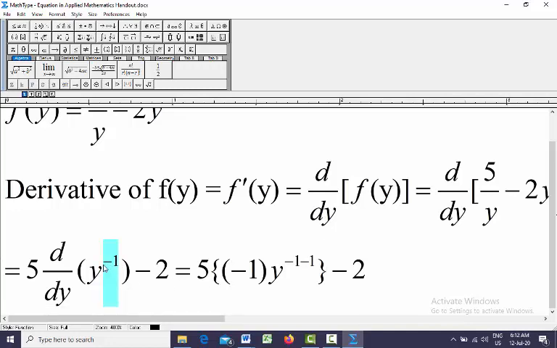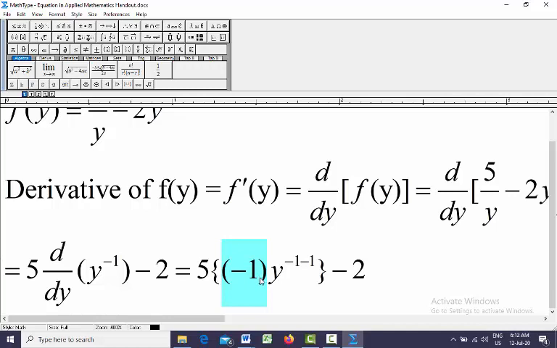So when you do differentiation of a variable, y is the variable here, and when you want to do differentiation of a variable along with power, whatever you have in the power, you need to bring that power first, right?